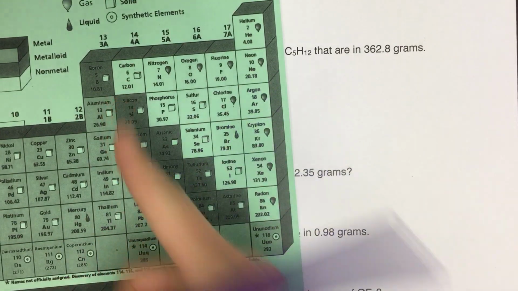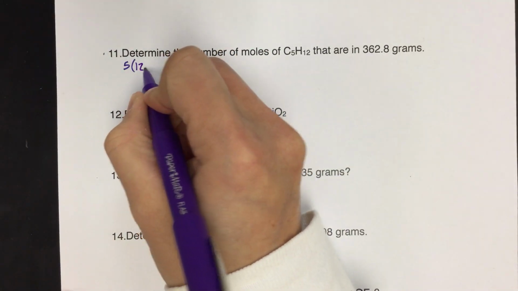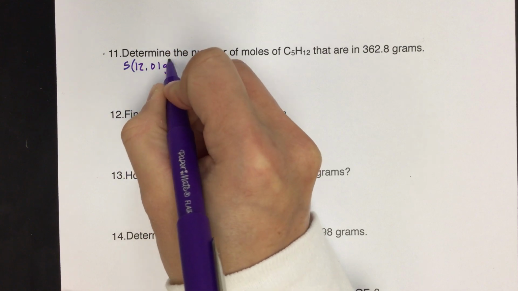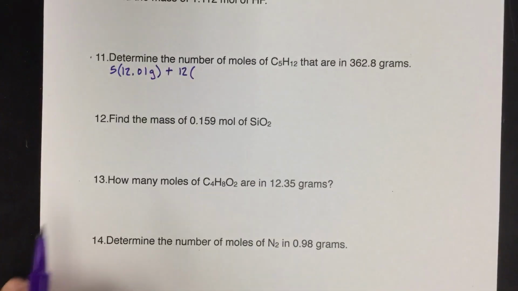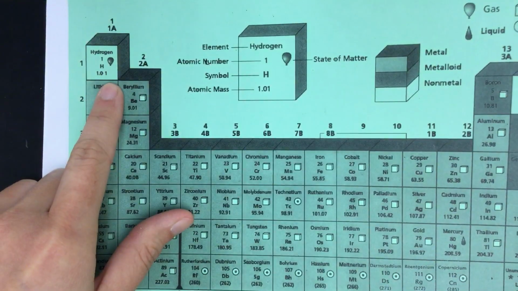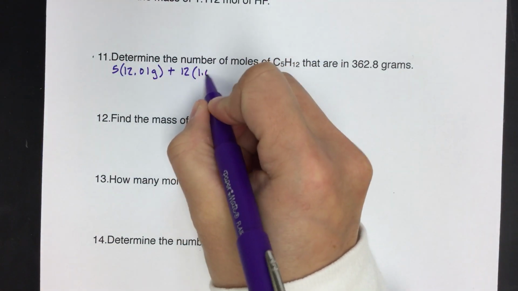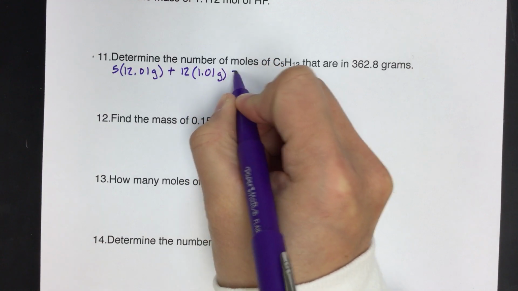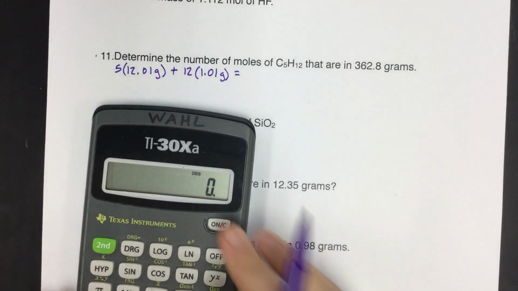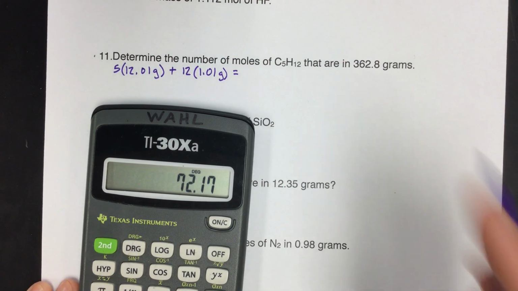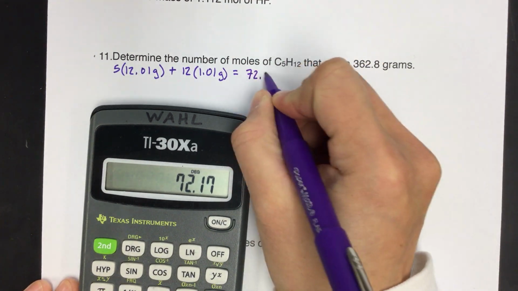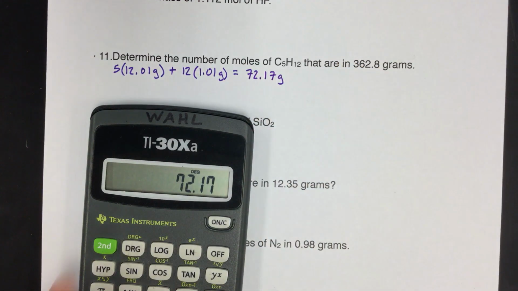Each carbon has a mass of 12.01. We have 12 hydrogens. Each hydrogen has a mass of 1.01. Calculate that. 72.17 grams. That's our molar mass.